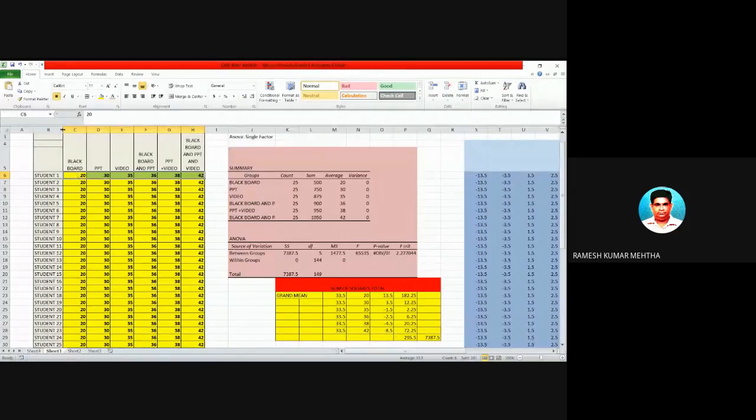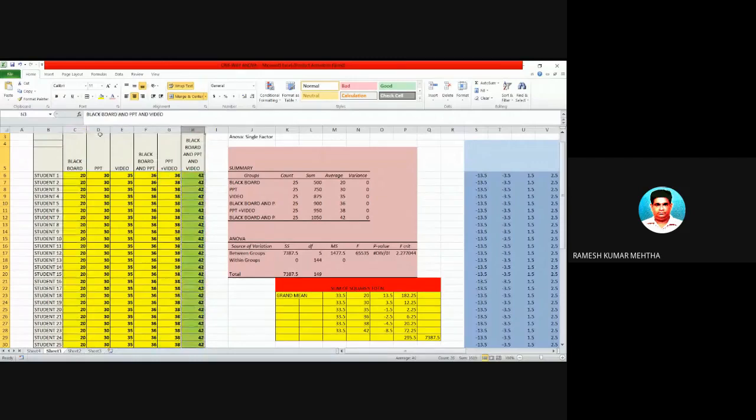Blackboard is one group, PPT is one group, video is one group, Blackboard and PPT is one group, PPT and video is another group, and Blackboard and PPT and video is another group. So we have more than two groups, almost six: group 1, group 2, group 3, group 4, group 5, and group 6.